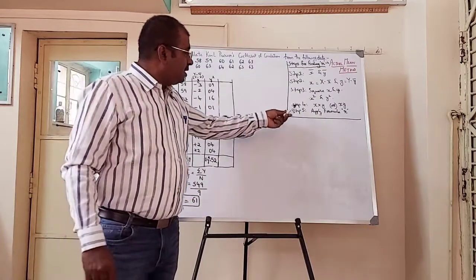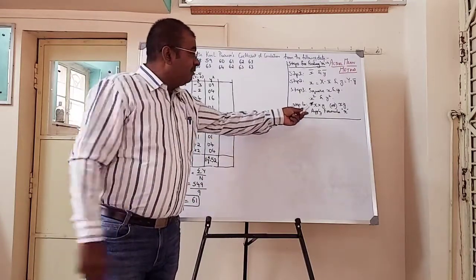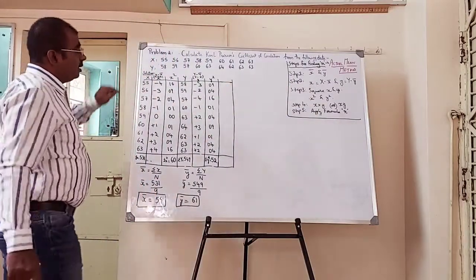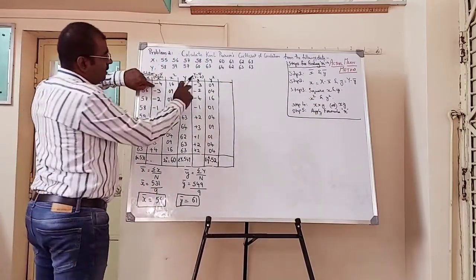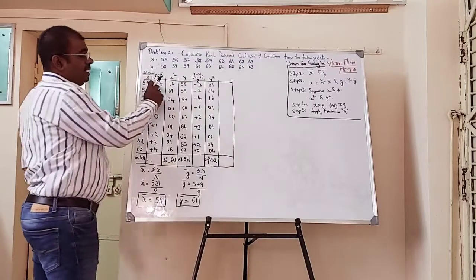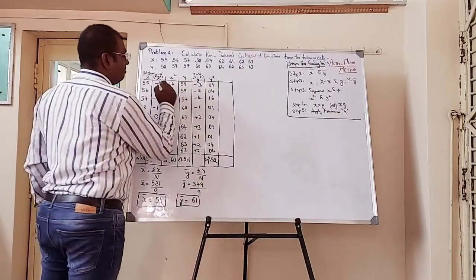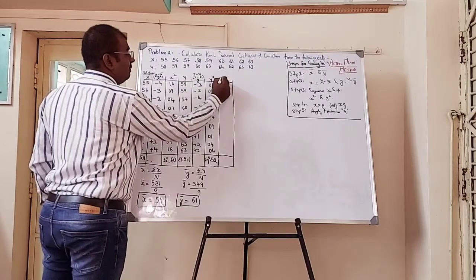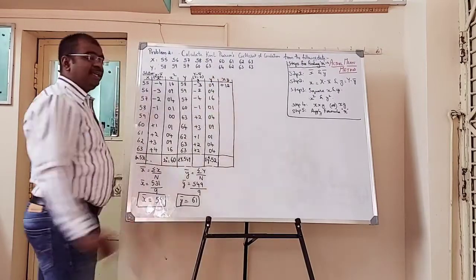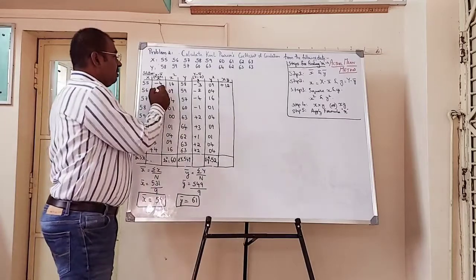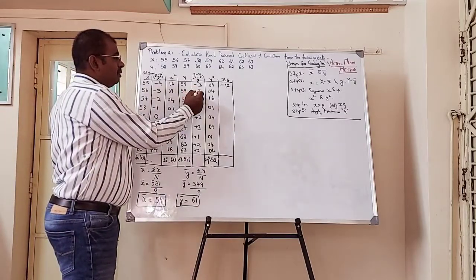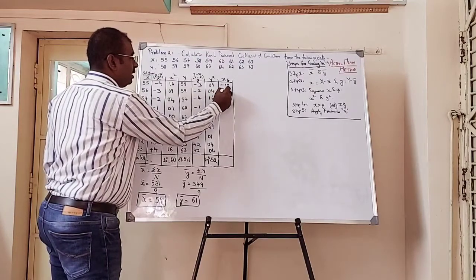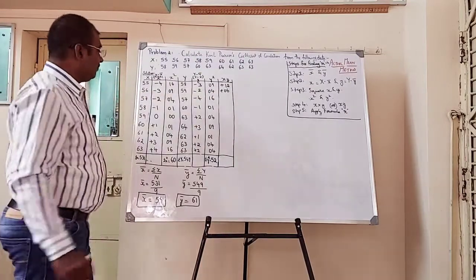And further proceeding to step number 4, finding out the product of x and y, which is xy. Now the values of x and y are given here. Minus 4 into minus 3, minus into minus becomes plus, 4 3s are 12. This is the value of xy. Minus 3 into minus 2, minus into minus becomes plus, 3 2s are 6.